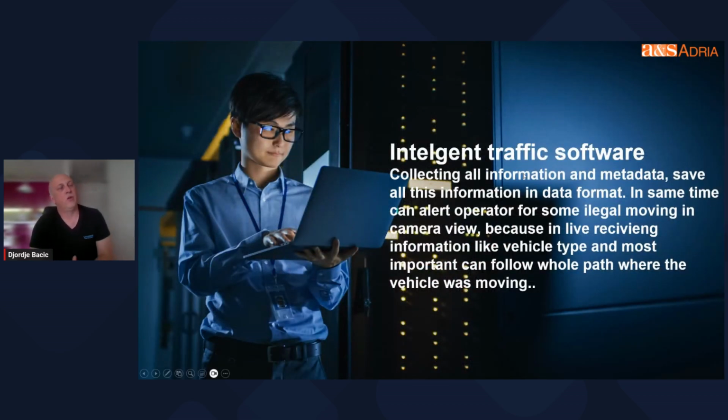Intelligent traffic software. That means that collecting all information in metadata and save all this information in data format. At the same time, it can alert the operator for some illegal moving in the camera view. Because in the live receiving information like vehicle type and the most important, it can follow the whole path where the vehicle moving.